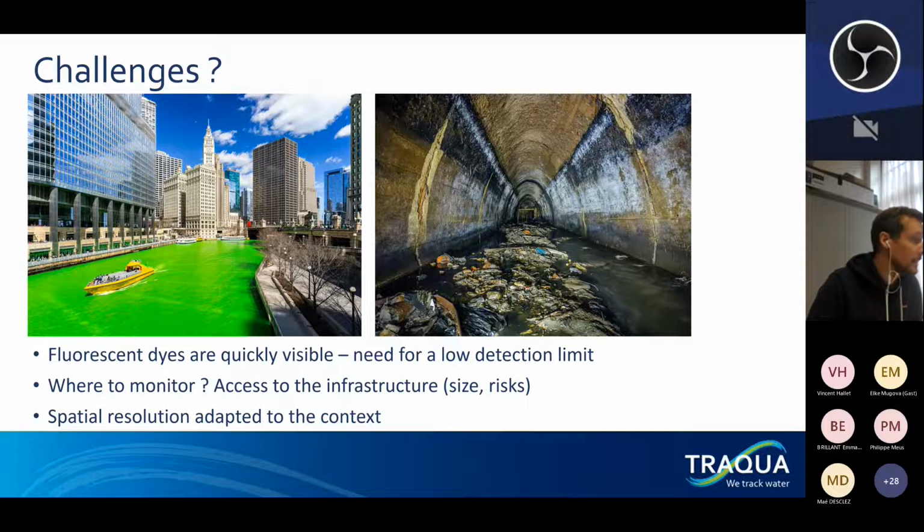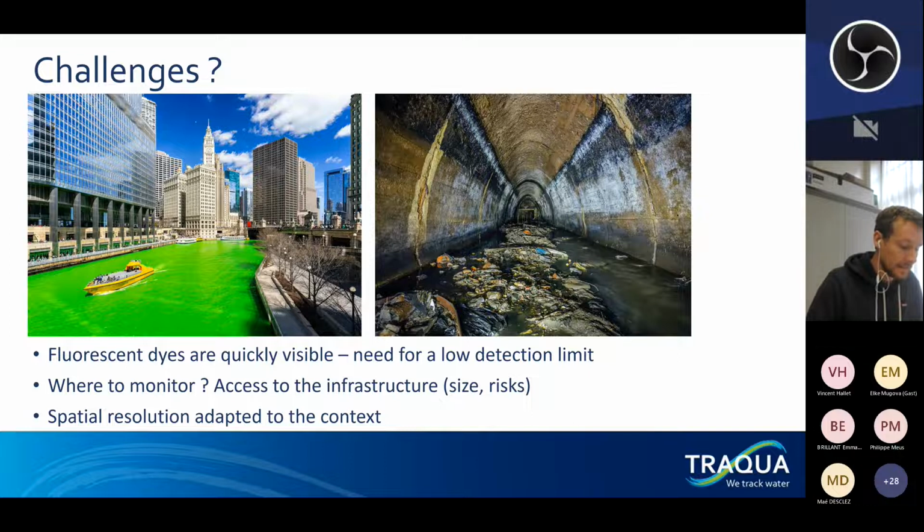And for me, this last challenge is the real challenge for using dye tracing in artificial networks, because we have to build a methodology and a monitoring system that gives you the opportunity to add valuable information about the hydrological behavior, but without building a methodology that is too expensive regarding the benefit that it can bring to the question, bring to the research.